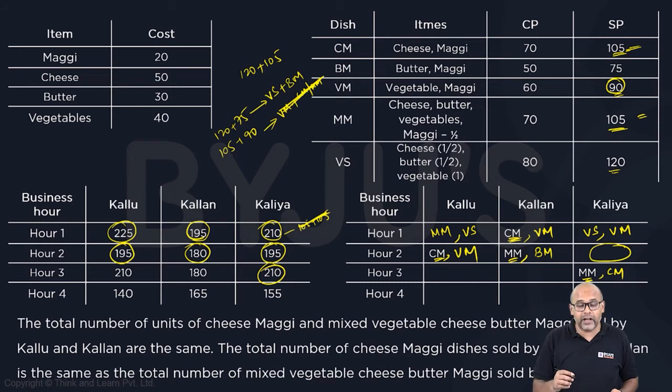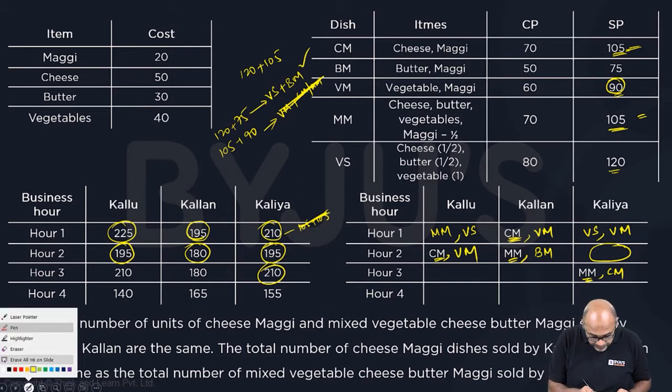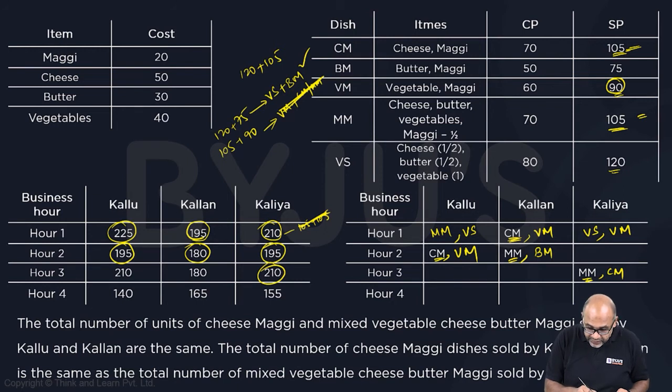If 105 plus 90 is not possible, the only possibility is 120 plus 75, in which case this will be VM and BM. So it will be BM and VS. So if you notice, we are slowly filling up each and every part.